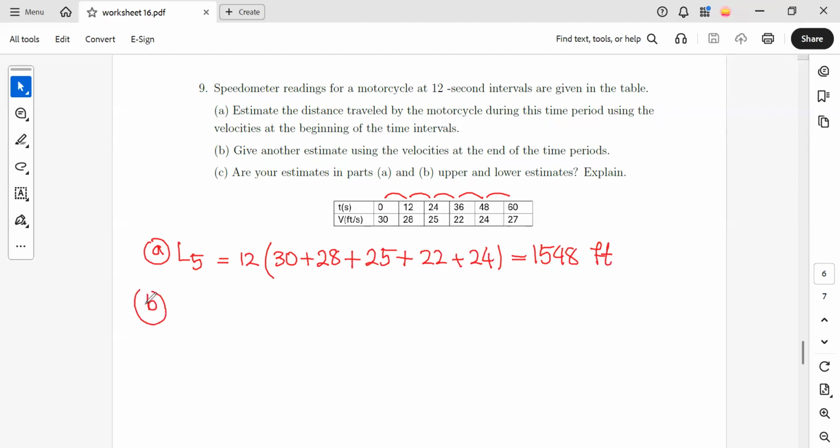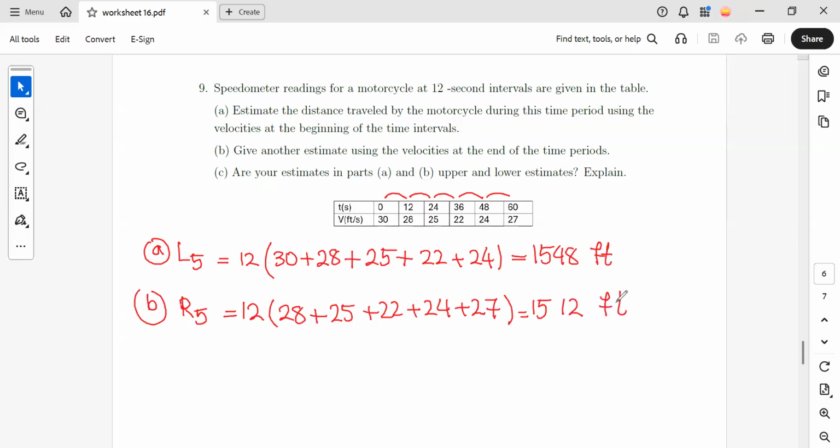For part B, using velocity at the end of the time period, it means that you are going to find R sub 5, which will be again delta x, which is 12, and you wouldn't use the first one, but you use the last one. So starting 28, 25, 22, 24, and 27 here. Or you may subtract the first one from L sub 5 and add the last one. This is another option.